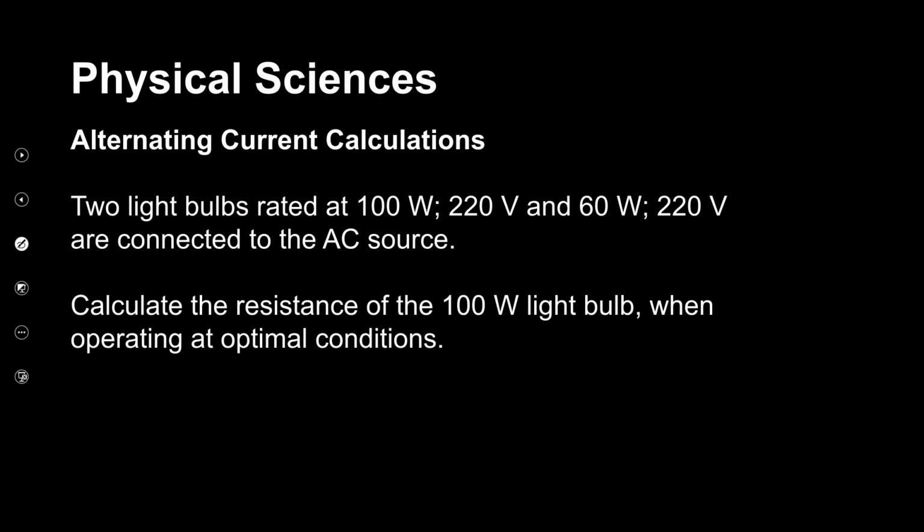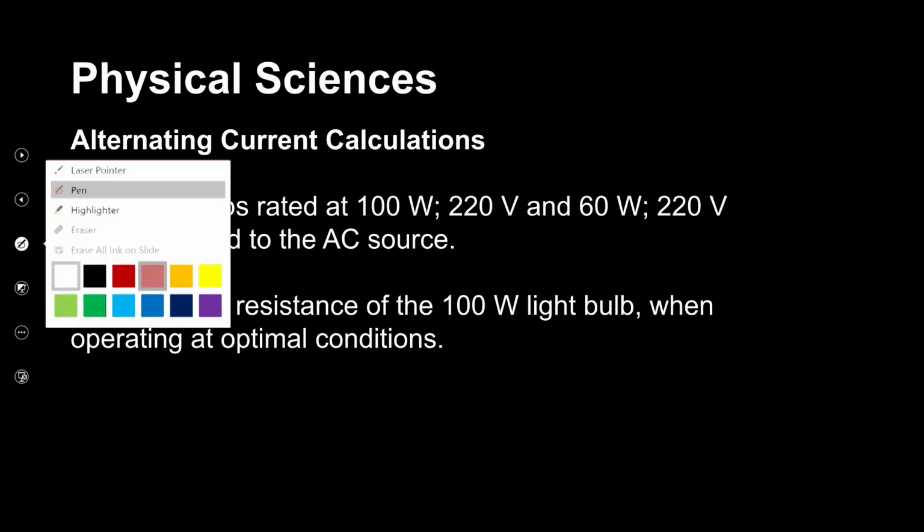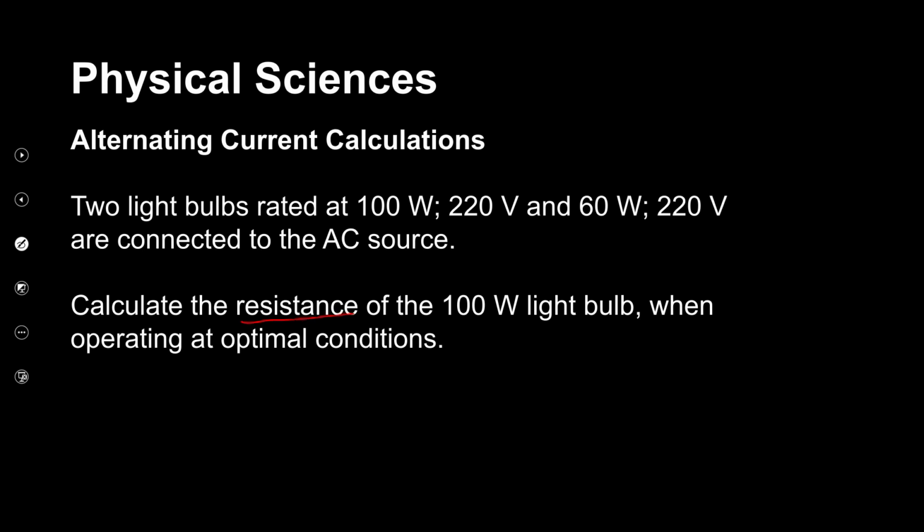Next part of the question. What we're asked to do here is to calculate the resistance of the 100-watt light bulb when operating under optimal conditions. And the optimal conditions simply mean it's a 100-watt light bulb that operates at a Vrms equal to 220 volts.